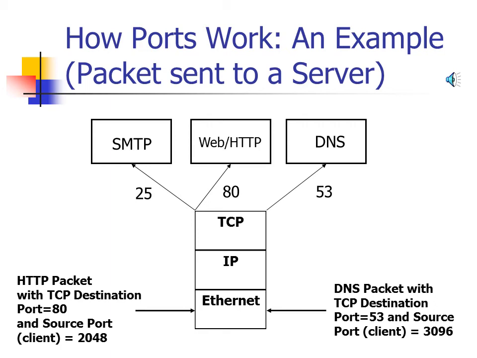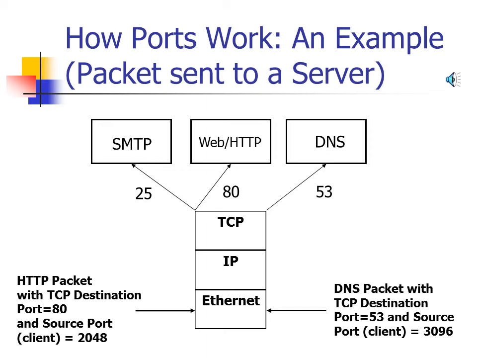Now, a web browser knows that when it creates a packet and gives it to TCP, TCP will always put in the destination port number of 80 because an HTTP packet from a browser is always destined for a web server. A web server by standard always has the port number of 80. So the inbound packet has a destination TCP port of port 80. Now again, that packet will be sent to the server. The Ethernet program on the server will receive the Ethernet packet.